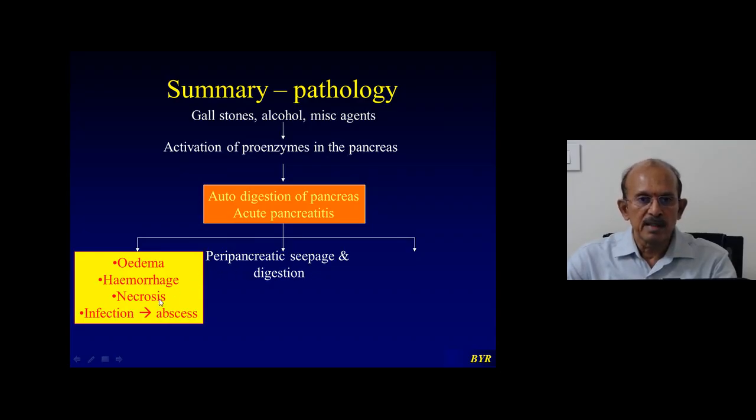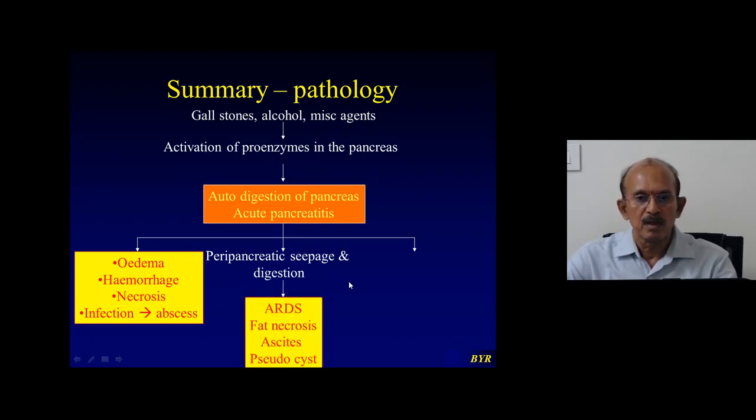If the necrosis is there, there will be peripancreatic seepage and digestion of the peripancreatic tissues. Because of this peripancreatic digestion and irritation, it will produce respiratory distress, fat necrosis, ascites, and pseudocyst. Pseudocyst is nothing but collection of fluid around the pancreas, which is walled, which is fibrous.